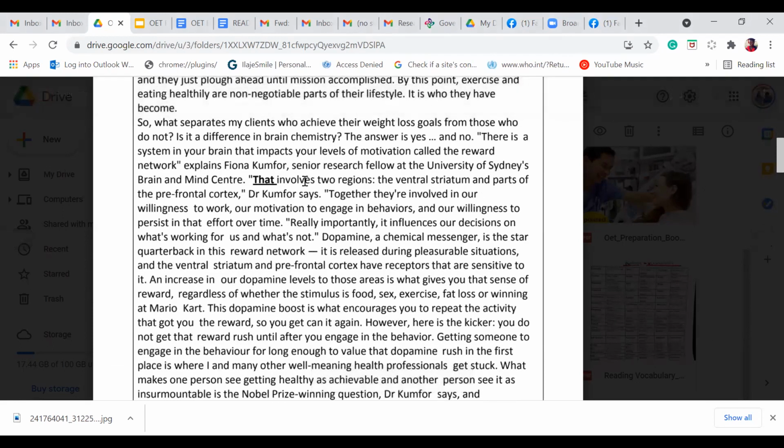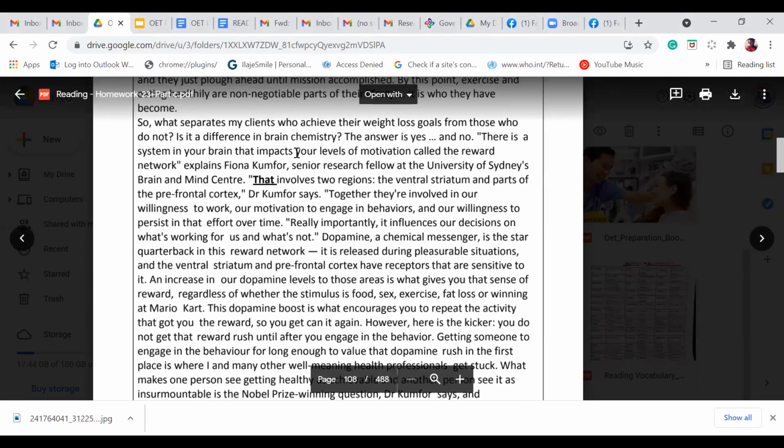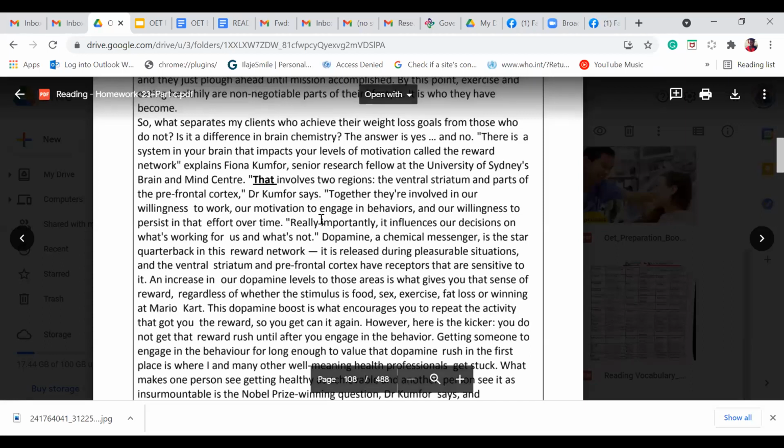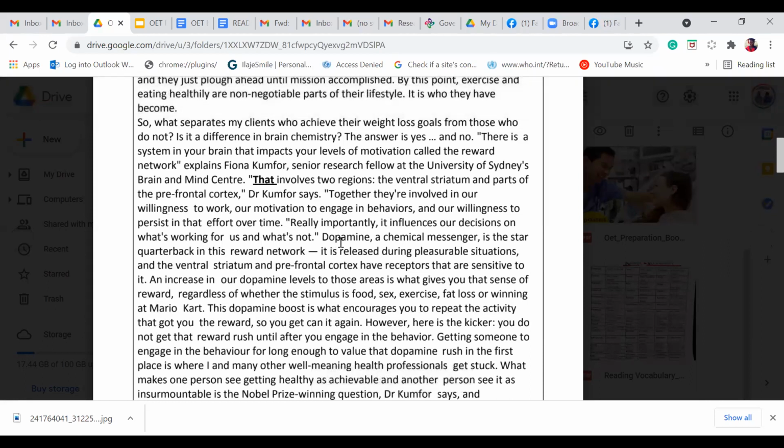So Fiona Comfort explains that there is a system in your brain that impacts your level of motivation, called the reward network. If you read further, still in the second paragraph, you will see it really importantly influences our decisions on what's working for us and what's not.